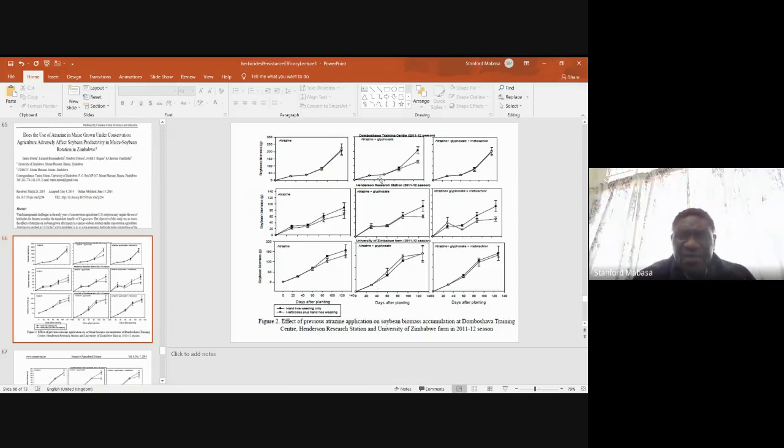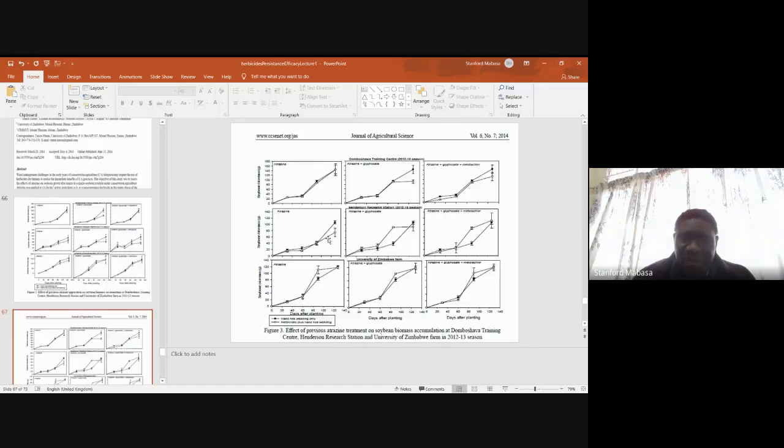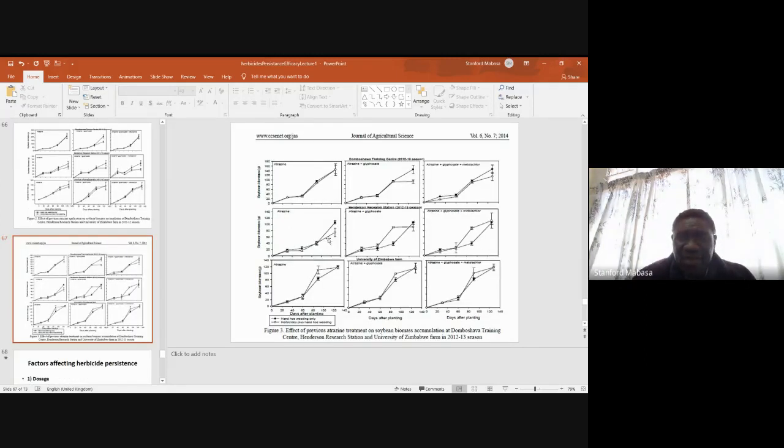In most cases, if you see the lines touching together, or if there are no differences, it means the atrazine residues were minimal. In fact, all of these graphs suggest that there was very little atrazine left in the soil after using the atrazine for one season in conservation agriculture.